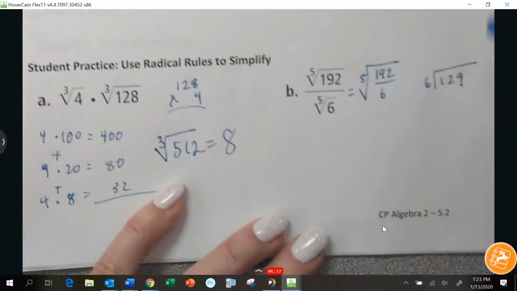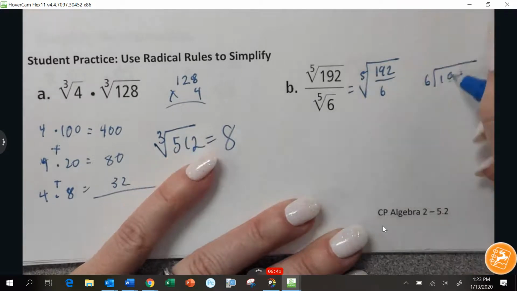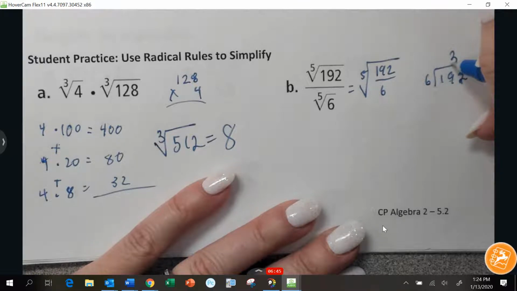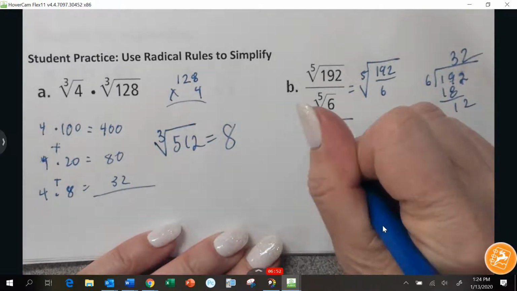Oops. I'm a little dyslexic. Oh my gosh, you're taking away my joy telling the answer. I wanted to do long division. Okay, it's 32. So now we have the fifth root of 32.